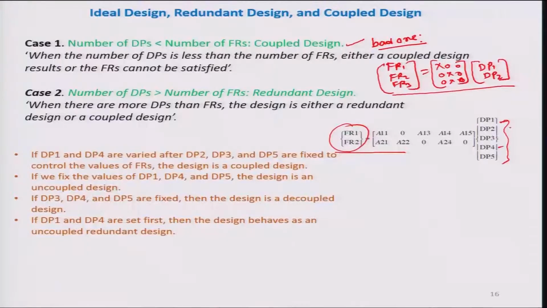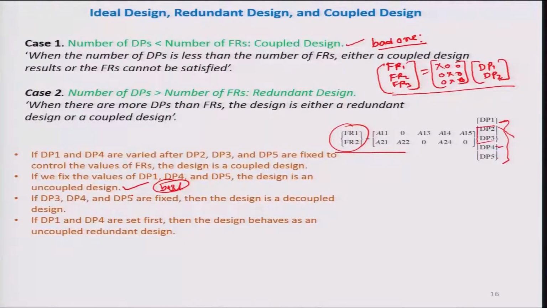So, here they are talking about sequencing, and dp5 is fixed to control the value of functional requirements, then the design is a coupled design. Because how many variables are there? 1, 2, 3. In the second case, if we fix the values of dp1, dp4, dp5, then there are only 2 design parameters and 2 requirements. So, in that case, it will be an uncoupled design, the best one in that condition.